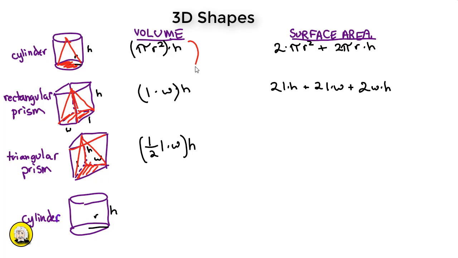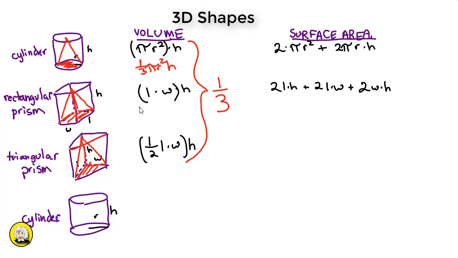Well, it's quite easy actually. They are all 1/3 the volume of the corresponding cylinder or prism. So if you remember that, knowing your cylinder and your rectangular prism volumes, you can quickly calculate your pyramid and your cone volumes. So the cone is going to be 1/3 pi r squared h, where r is the same base as the cylinder and h is the same height.